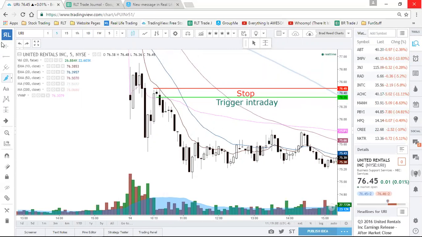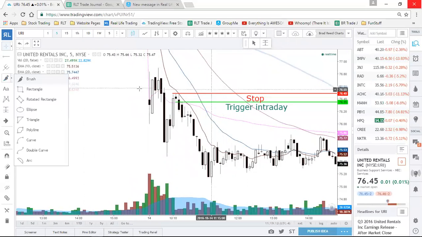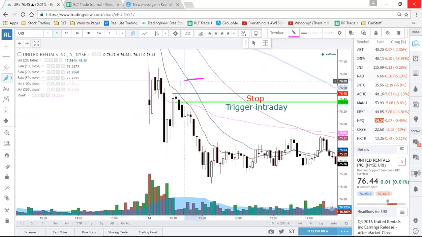Right before it triggered, this candle threw an upper wick a penny higher. So all of a sudden, I needed my stop at 76.50, but it was at 76.49.